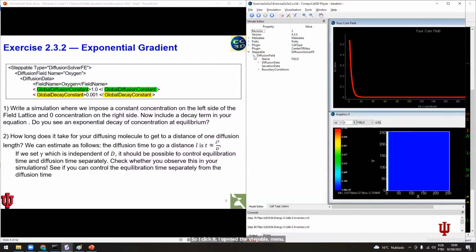And then I open diffusion solver, diffusion field, sorry. And then we have the diffusion data and the boundary conditions in this menu. Open everything, and inside here, you can change everything. So for example, you can increase your global diffusion coefficient, let's say 10, and run.